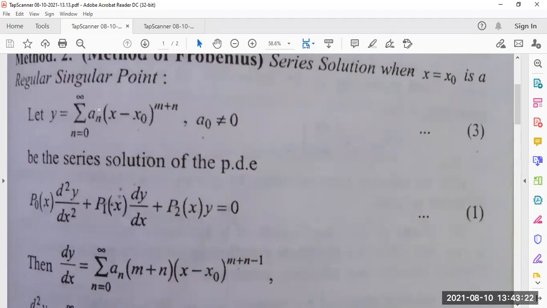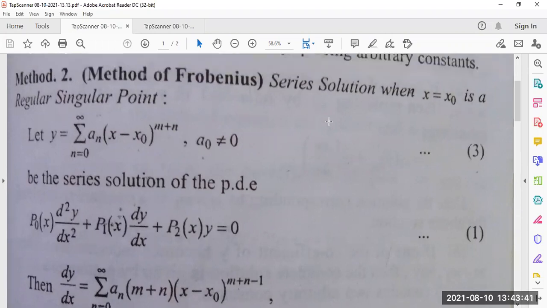After getting that y, we find dy dx and d2y dx2, then put them in the equation. Then we get one identity. Then we have to equate the lowest power of x and then the next lowest power of x. Then we get the recurrence relation, and from this recurrence relation we get the solution. It is the Frobenius method.